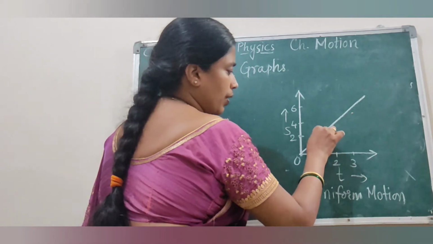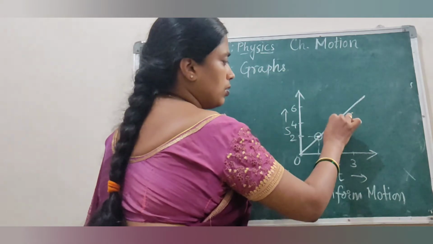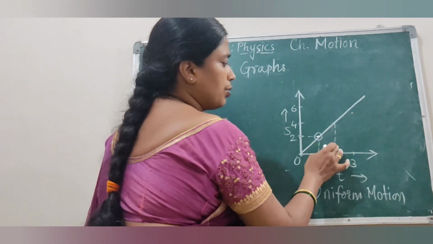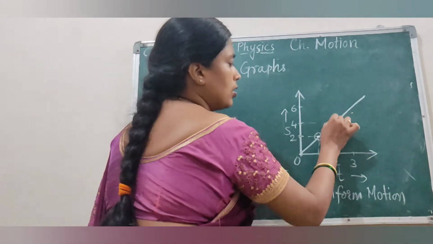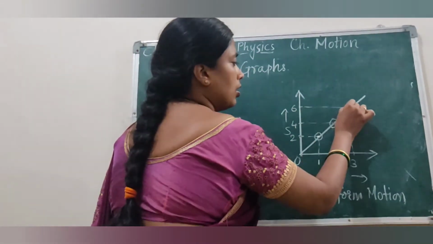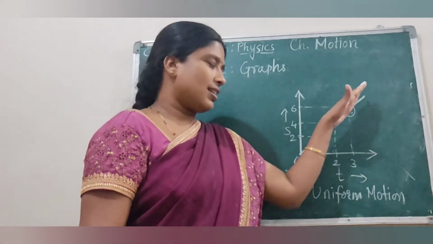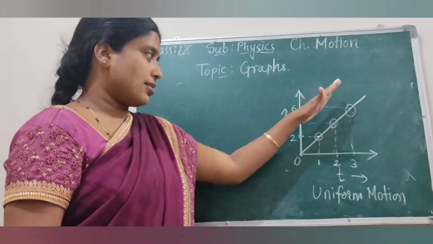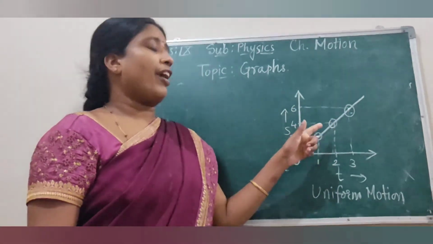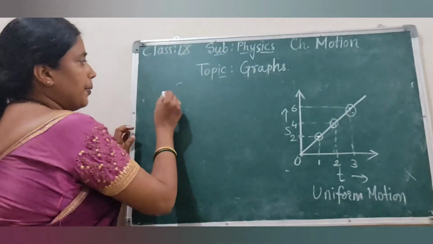So, point 1 is here. Point 2 is here, and point 3 is here. Now, this slanted line has a slope. So, how to find that slope mathematically? This finding of slope will be useful in solving the numericals.